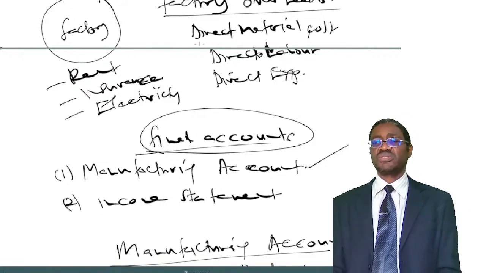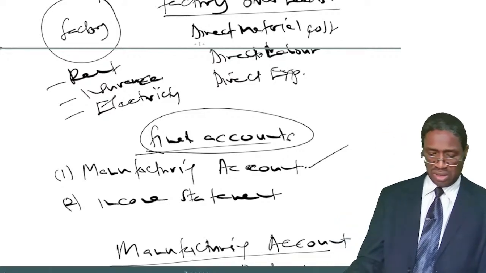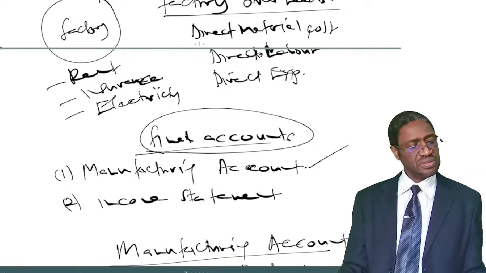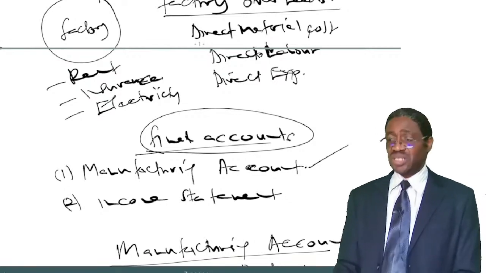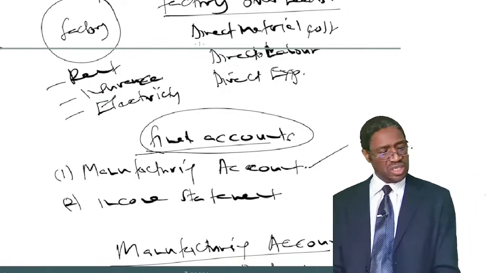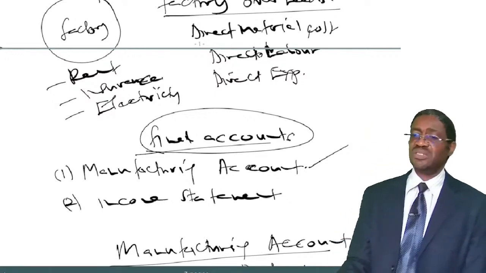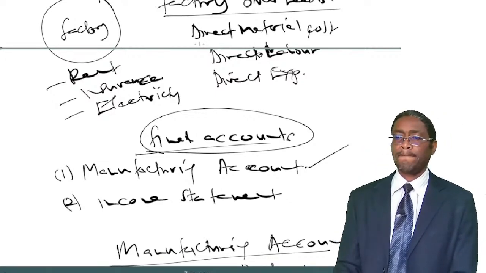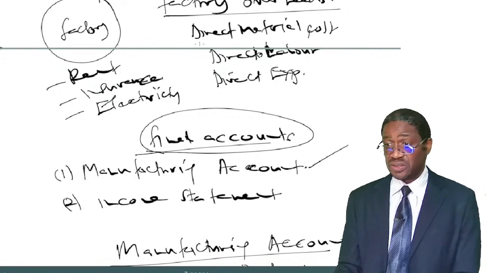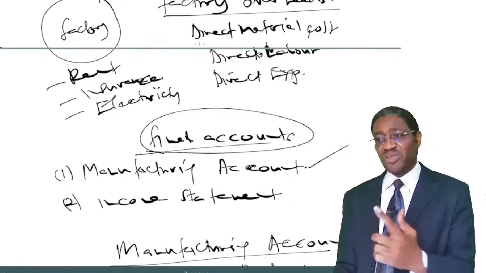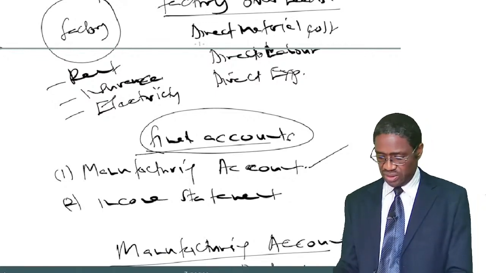Number two, income statement. This is used to determine the net profit of the business. Good.